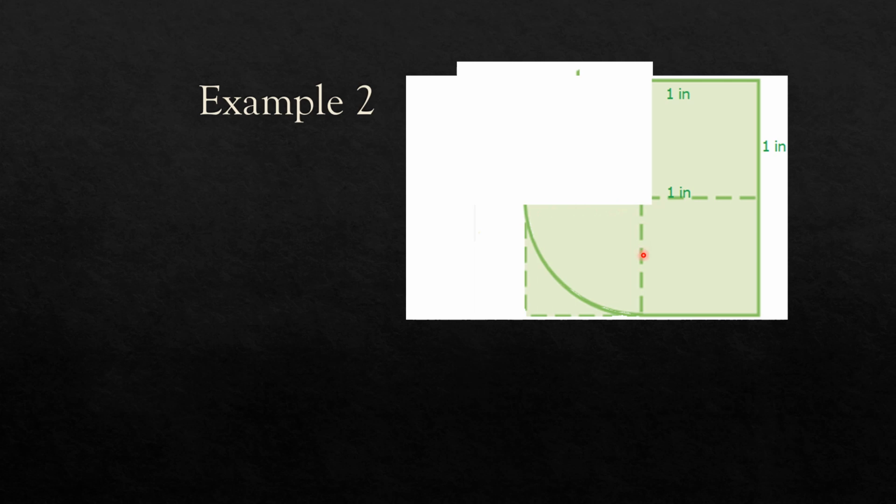So I have a solid square here, here, and here. That would make 3 solid squares. And the square is 1 inch by 1 inch. So the area of just one of those squares is going to be 1 inch squared because it's 1 times 1. And I have 3 squares. So I said that the area of this figure was 3 inches squared. 3 squares times 1 inch squared each.